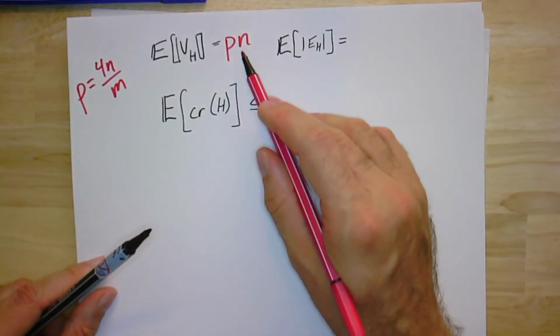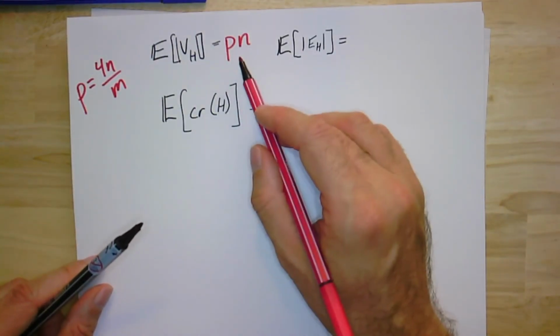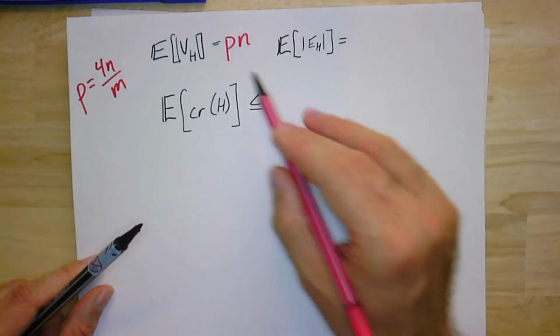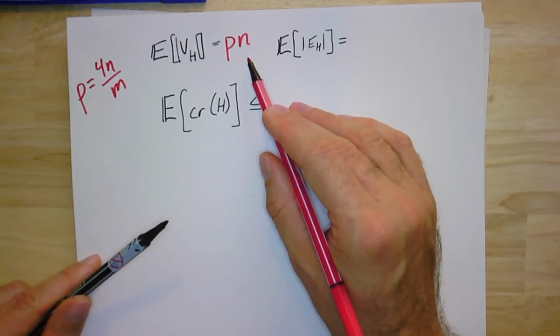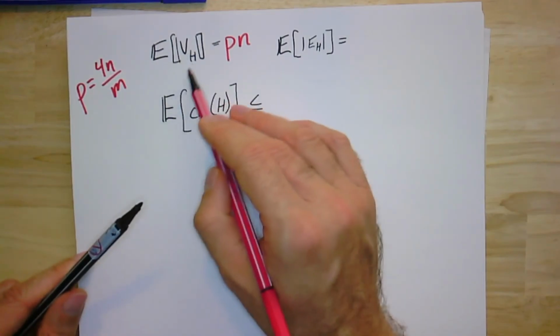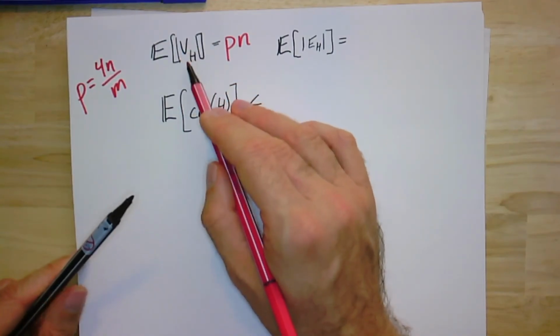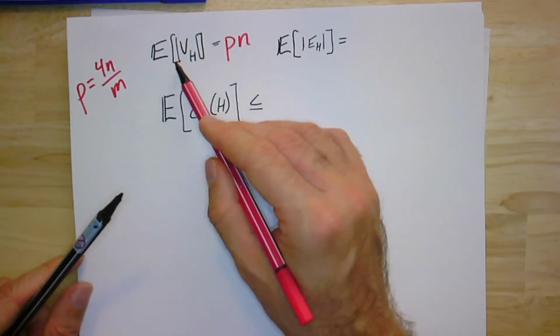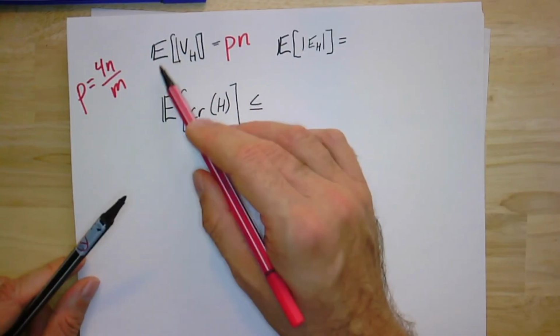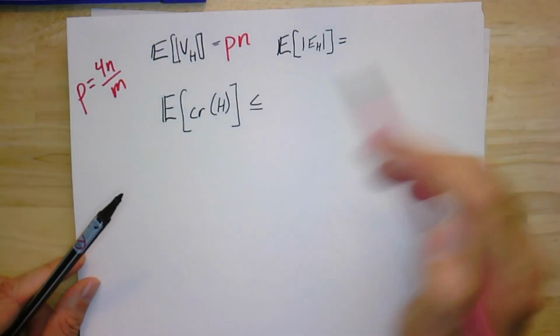There were n vertices in the original graph. Every one of them stayed around with probability p. This is how many vertices I expect to see in the new graph, the expectation of this random variable, because the graph H is randomly defined, and so the expectation is the average over all random choices.